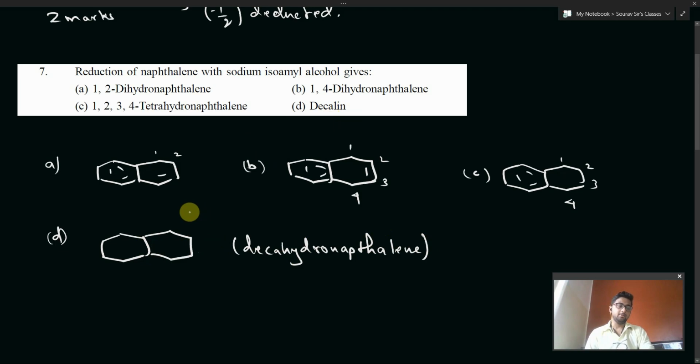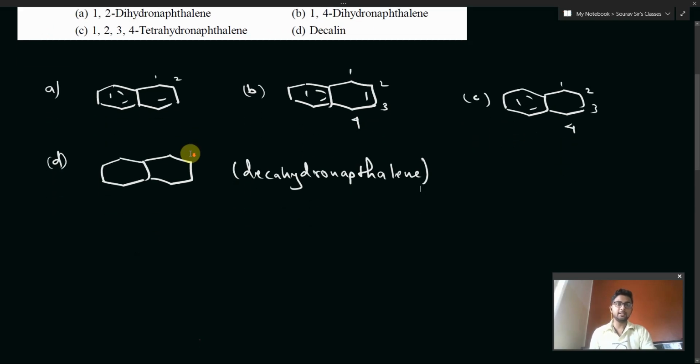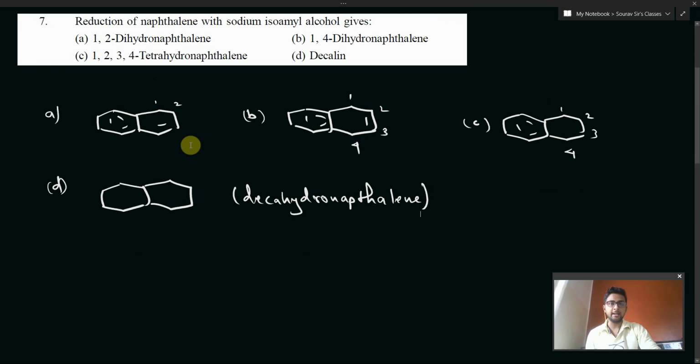Now coming to the reaction, the reduction of naphthalene with sodium and amyl alcohol gives. Let us look at what the exact representation or synthesis would be when naphthalene is introduced to sodium and amyl alcohol. This is basically an example of Birch reduction.